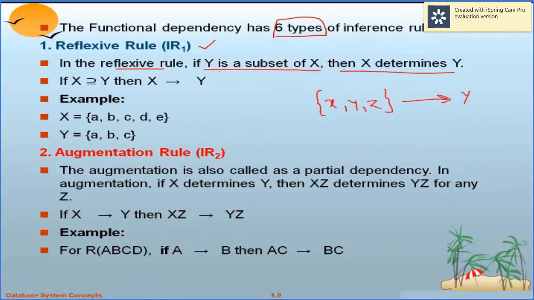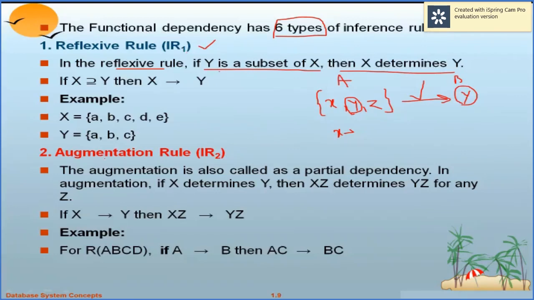Check whether this y is a part of my left hand side component. Yes, so y is a part of the left hand side component. It means it is following the functional dependency x tends to y. I'm naming this set as A and also set as B. As this y is a part of this closure, obviously the functional dependency is satisfied over here. This is the reflexive rule and I call this one inference rule 1.